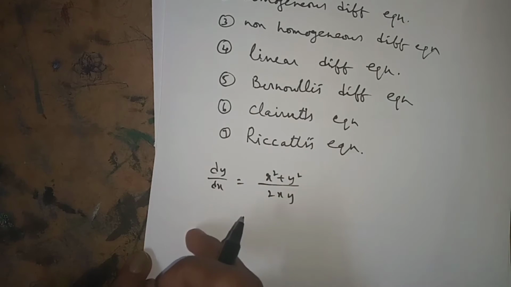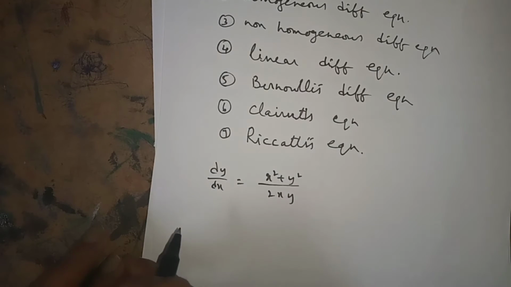Only if it is possible to separate the x variables and y variables do you apply variable separable. Otherwise you go to another method, that may be homogeneous or some other method.